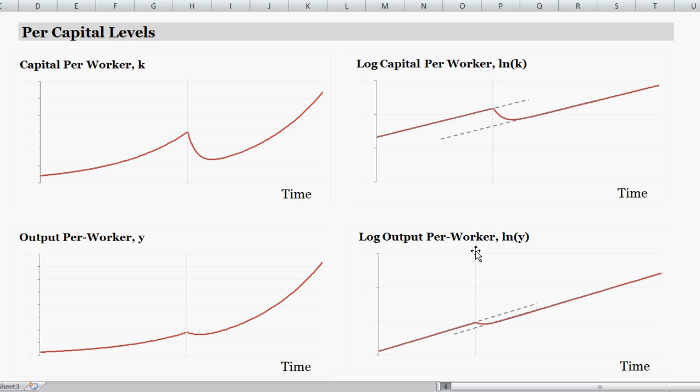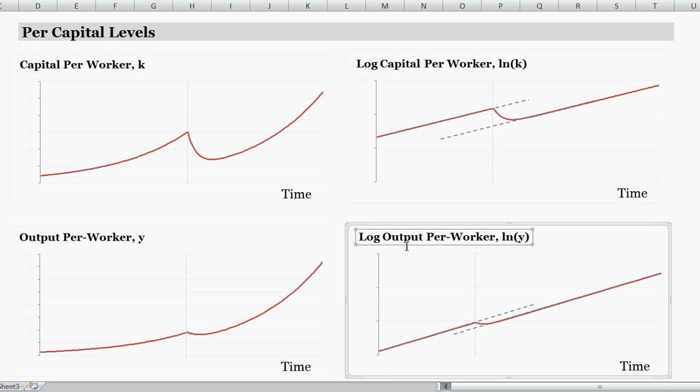So output per worker here, with a higher population growth, gets shifted down to this lower level. The growth rate doesn't change, but it gets shifted down to this lower level to take into account the fact that investment needs to increase so that those new workers being added to the workforce are given a certain amount of capital so that they can contribute in the same way that the previous workers have. Hopefully that was clear.